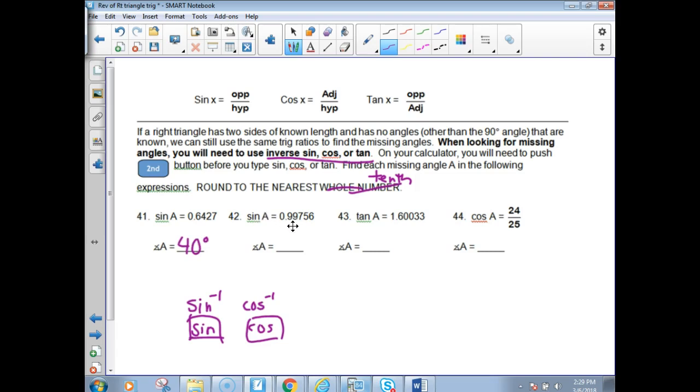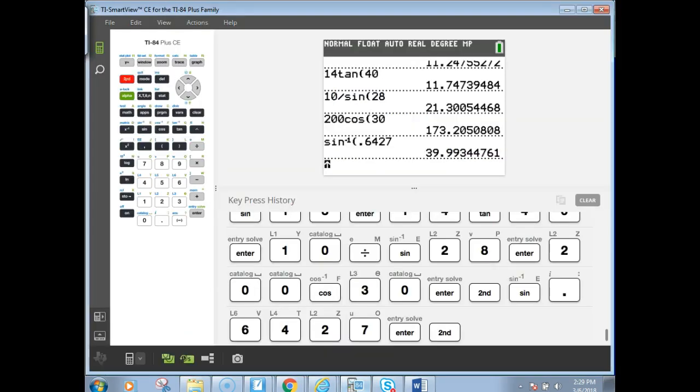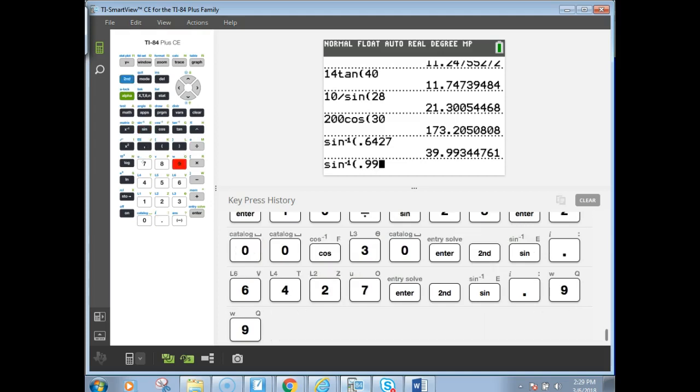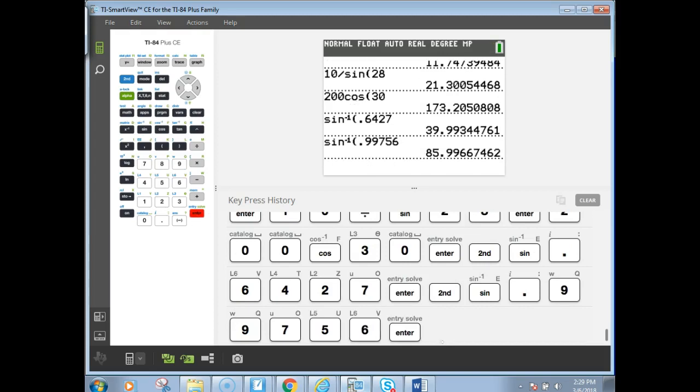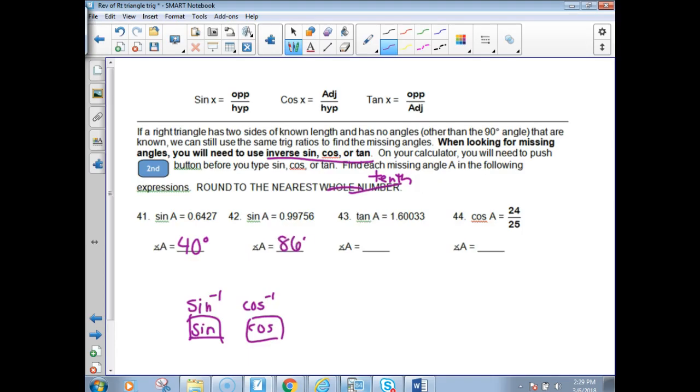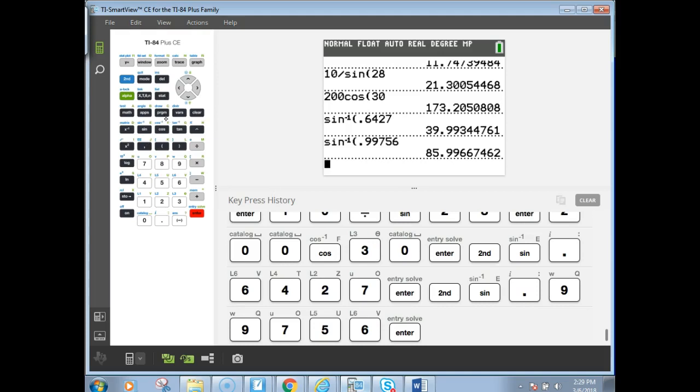All right, hit second sine, 0.99756. Okay, and that would also round to 86 degrees, a whole degree. Second tan, 1.6003.